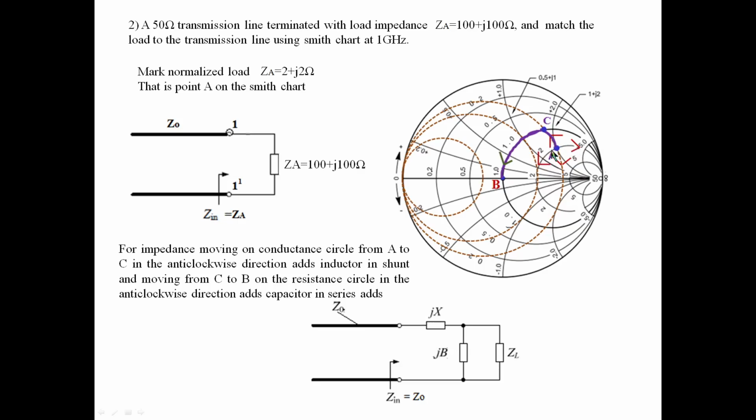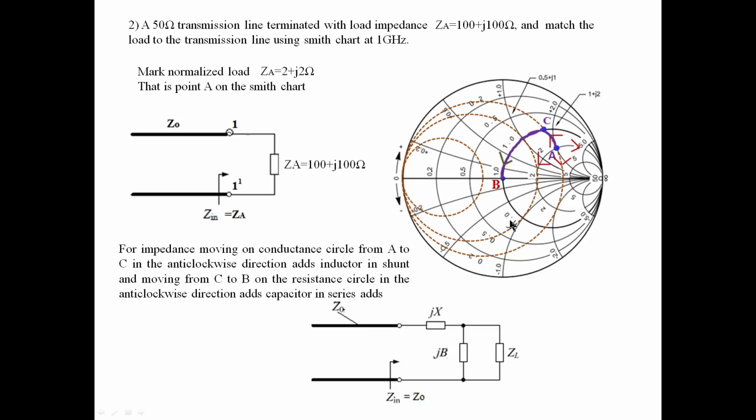This is a resistance circle, this is a conductance circle. Either move on the resistance circle or the conductance circle, but reach the R is equal to 1 circle.